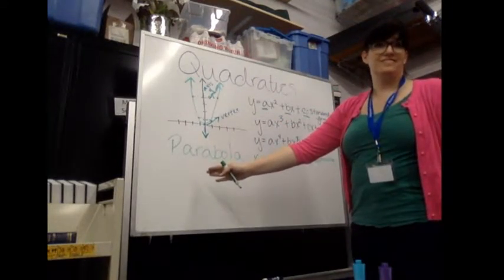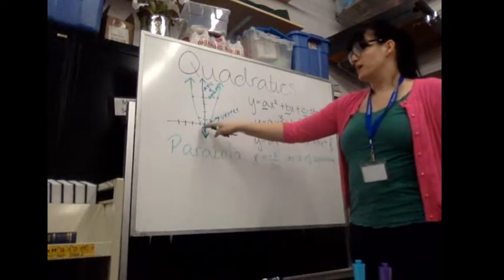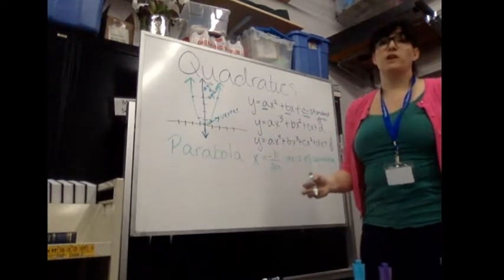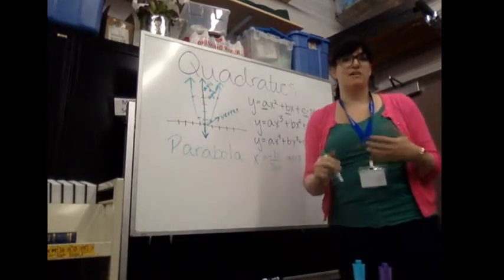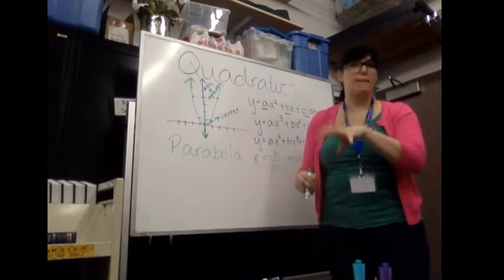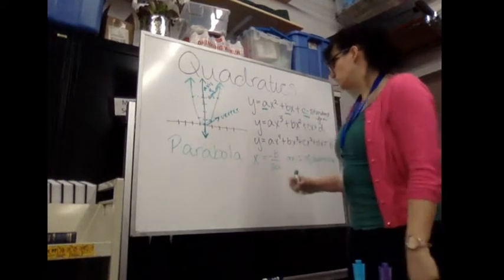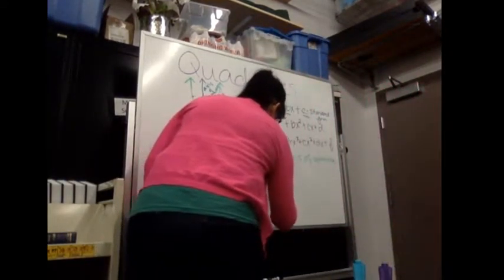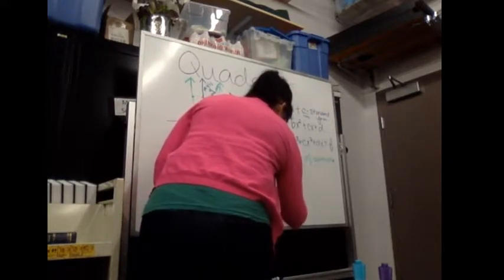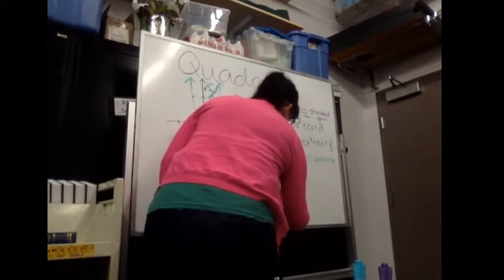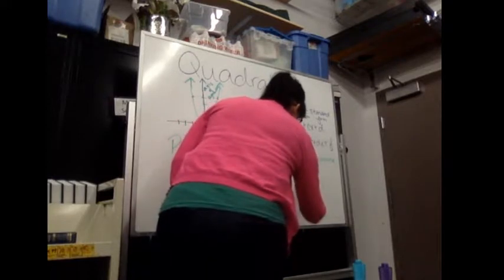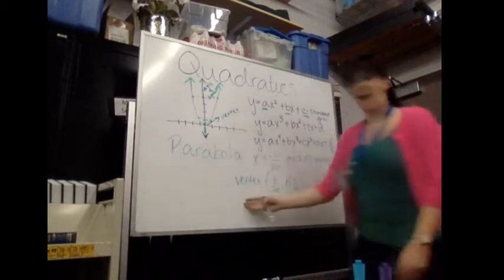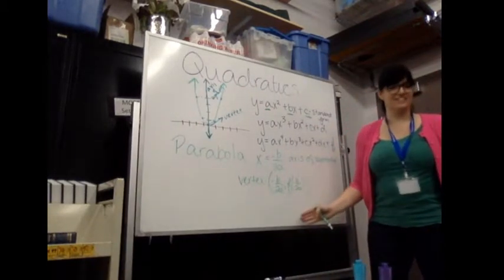It's the middle. So that x value is negative b over 2a, and the y value is f of that, f being function notation. So a vertex is a point, and it's the point negative b over 2a, and then f of negative b over 2a. Write that down.